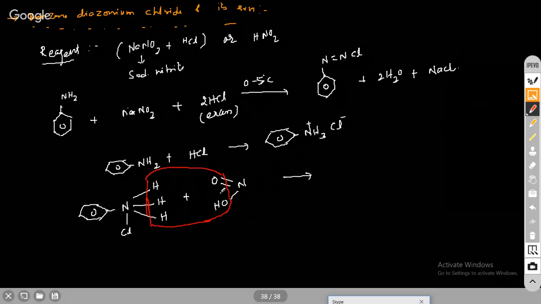So we'll get 2 moles of H2O from this, and the product we get here is diazonium chloride, with double bond NCl, right? This particular compound, we also write it like this. Both are actually the same thing. N triple bond N plus Cl minus, diazonium chloride. Salt it is.